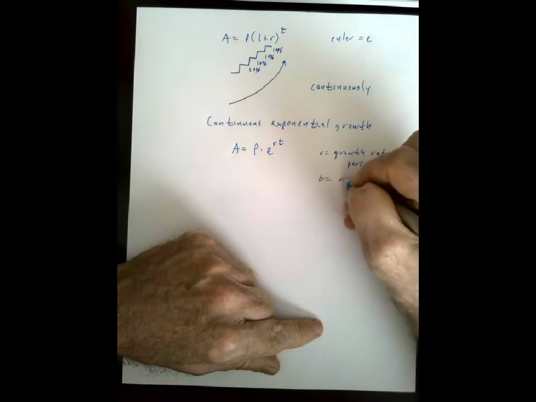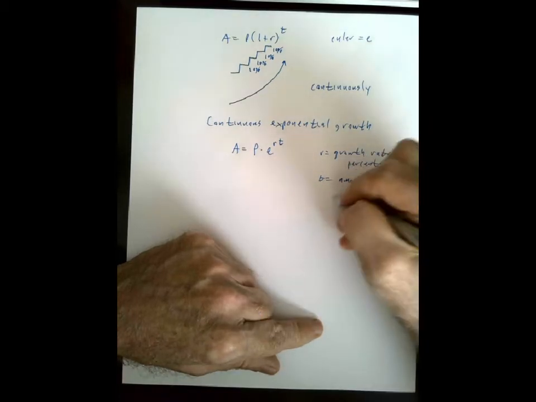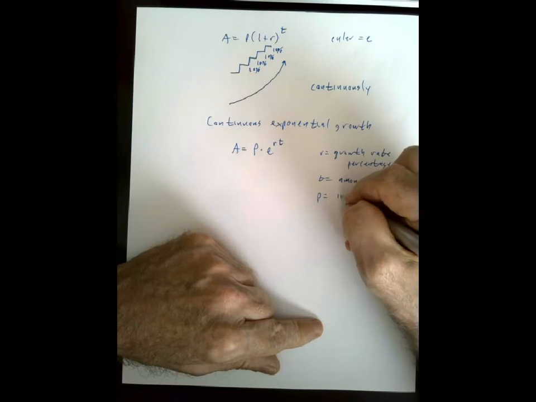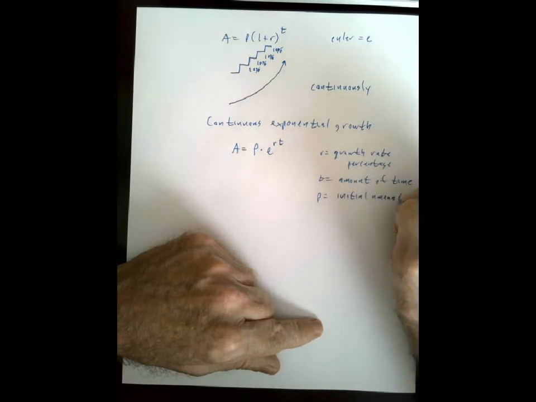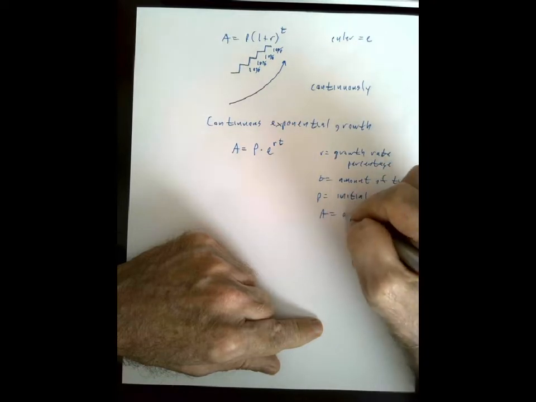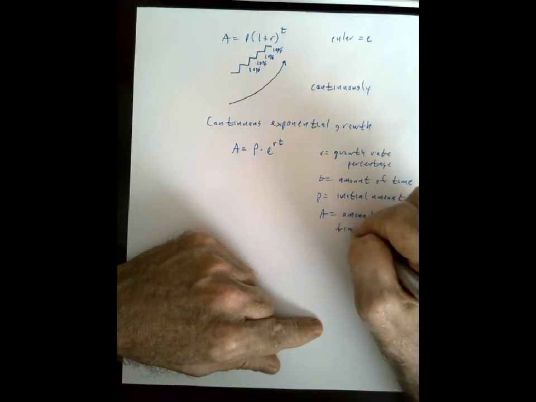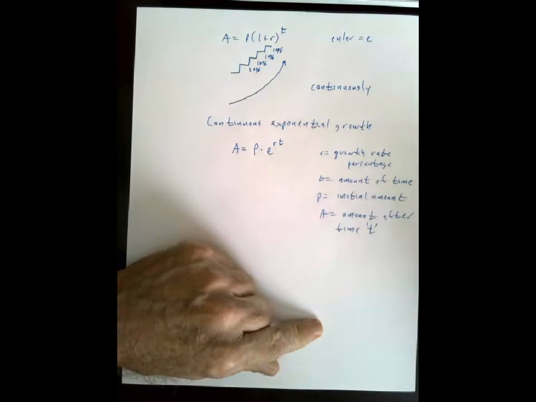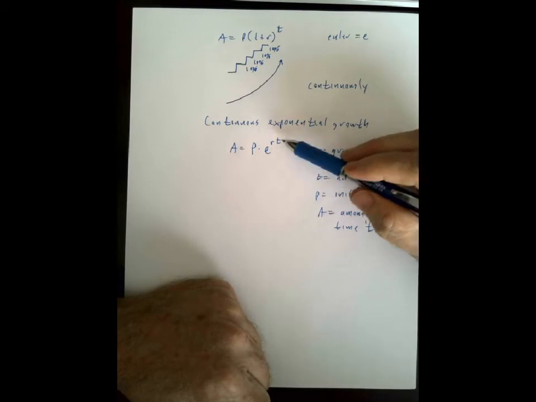T is the amount of time, and P is the initial amount at time equals 0, and A is the amount after time T. Now, this formula goes for growth and decay, and we'll do some of each, okay?